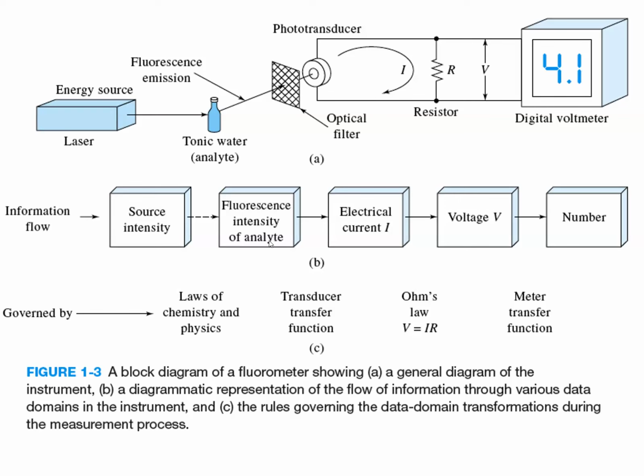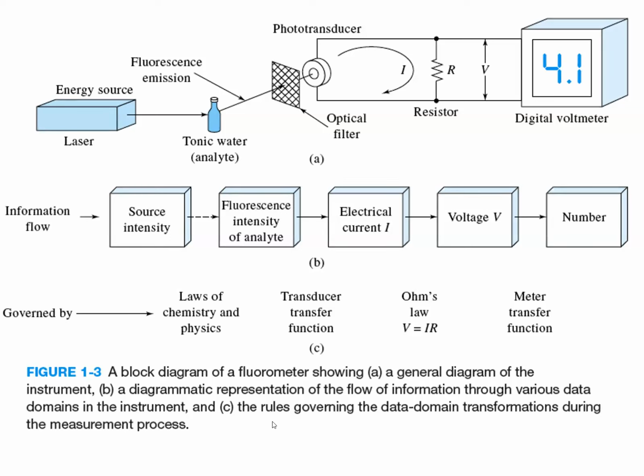And then that intensity of the analyte, you notice here, is going to give you a current on this resistor. So that will be the electrical current, I, or that can be changed to voltage, and then you read a number. Electrical current can be changed to voltage using Ohm's law, V equals current times resistance. Then you get the number here. So the number you measure is simply the voltage.